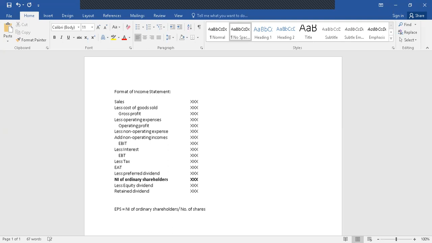There are certain other things which are also used, like the price earnings ratio. Here a relationship is established between the amount of earnings that are made and the price that is reflected in the market. The ratio here would be MPS, market price per share, divided by earnings per share. Already we know what earnings per share is.